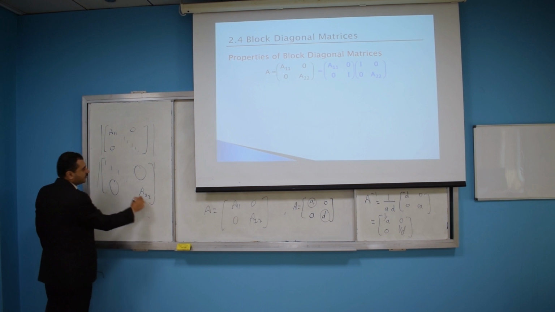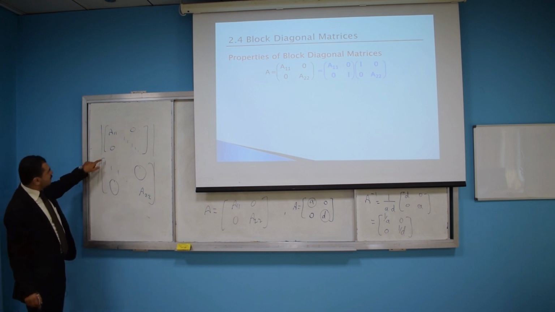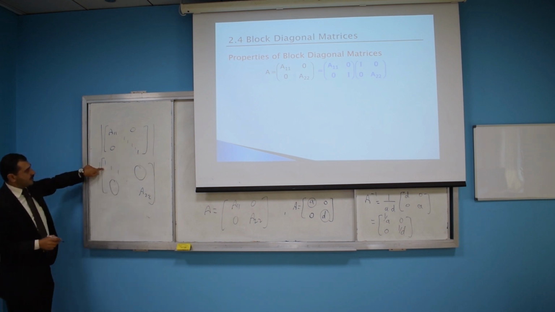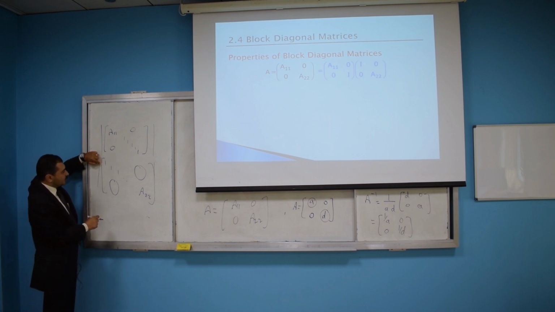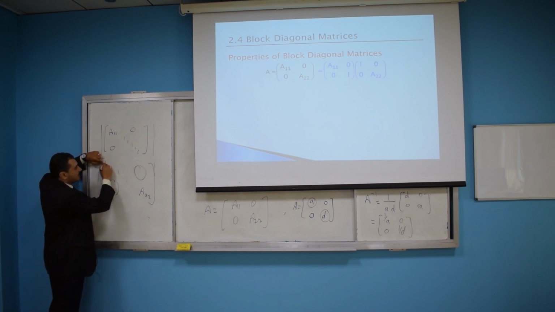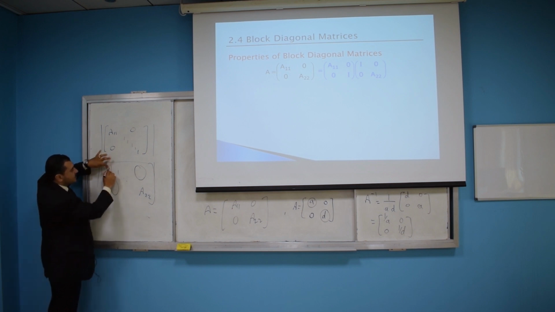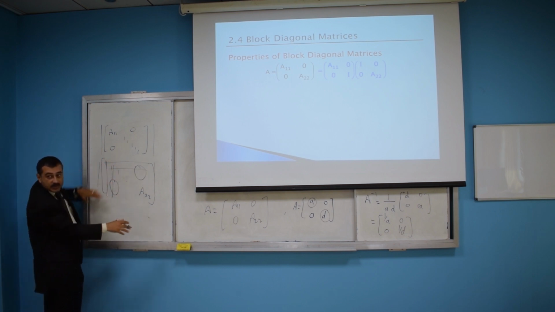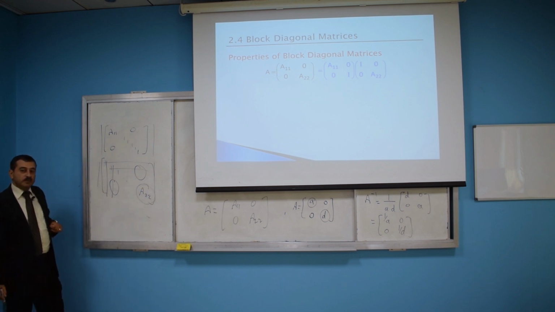What are the determinants of these guys? Let's see this guy, for example. If I want to find the determinant of this guy, it would be 1 over row and column times the minor determinant here. And here you find the determinant as 1 times 1 times 1 times 1 until you reach the determinant of A22.